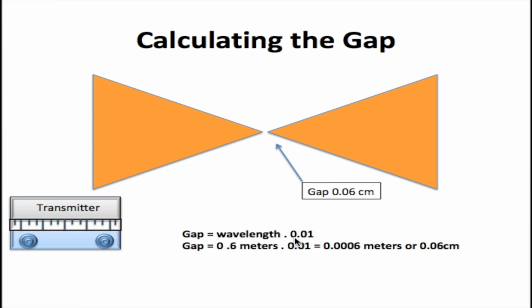So I'm using 1% in this case. So the gap is equal to 0.6 meters, which is the full wavelength, times 0.01, which is equal to 0.0006 meters, or 0.06 centimeters. So as I have written here, the gap is equal to 0.06 centimeters.